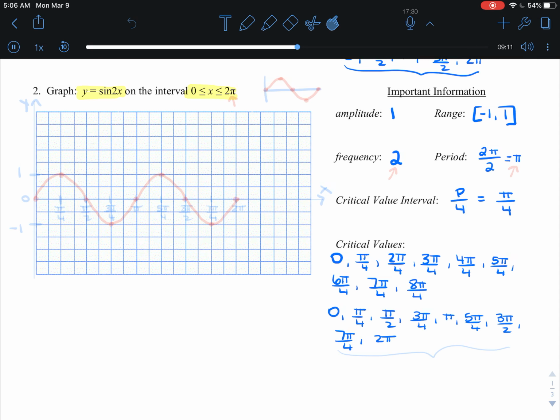So since we're counting by a smaller interval, it's going to take more values for us to get from 0 to 2 pi. Now we have enough values, or we've figured out all our important information to start graphing our function.